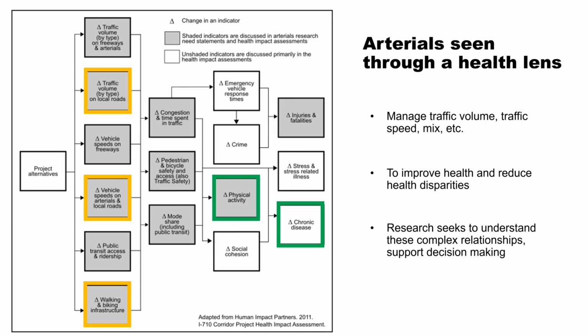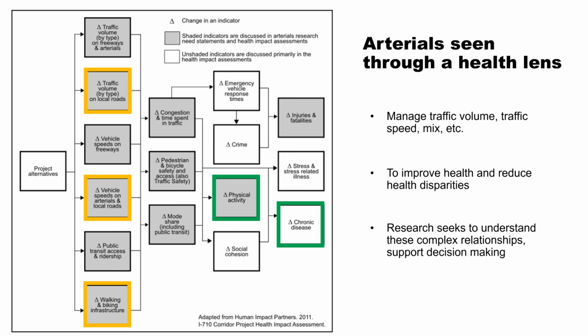This is a logic model on the screen, and I know it looks quite complicated, and it really truly is. But when public health analyzes these issues on high traffic roads, they really do see as individual contributing factors, traffic volume, traffic speed, traffic mix, as upstream determinants that will influence things like health behaviors, healthy physical activity, and ultimately things like chronic disease.